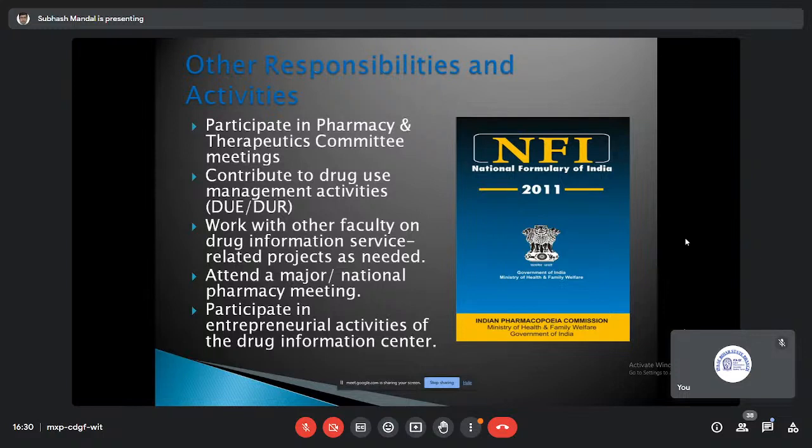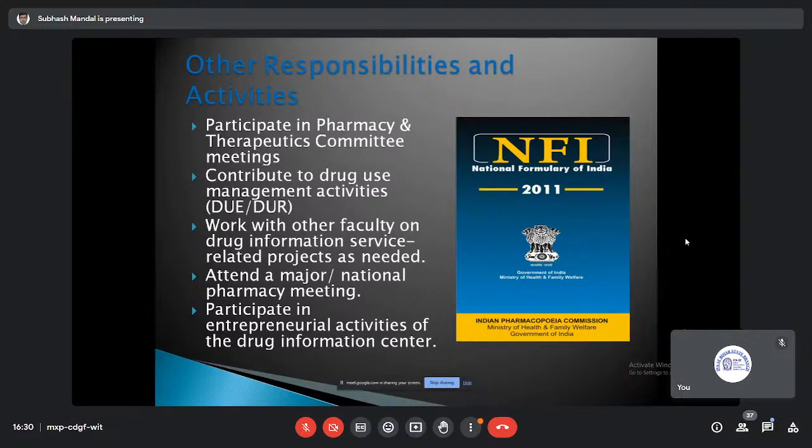Here is a very important role the pharmacist can play. For example, review. These are very important areas in providing authentic medicine information.